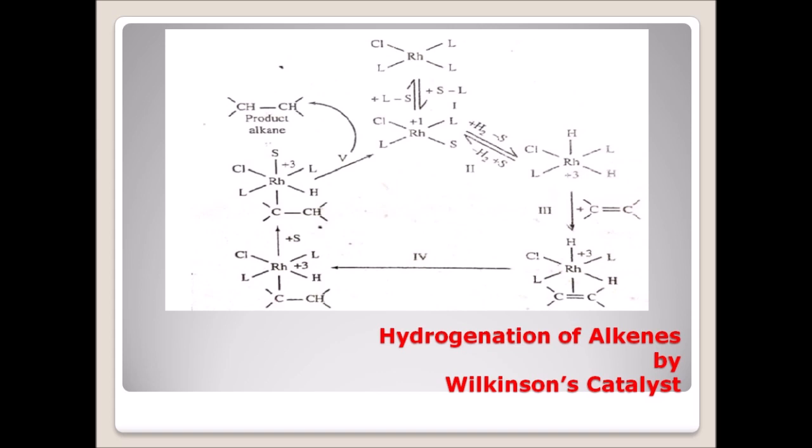In the lower classes you might have studied hydrogenation under electrophilic addition. In those days you might have seen the catalysts. What are all the catalysts you have applied for the hydrogenation of alkene? Yes, platinum, nickel and so on. But what is the substrate you are taking?